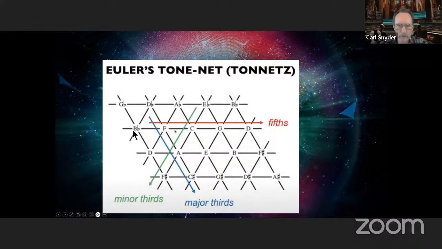Those are all perfect fifths. You have minor thirds moving diagonally down this way, and you have major thirds moving diagonally down this way. We'll be looking at this quite a bit.